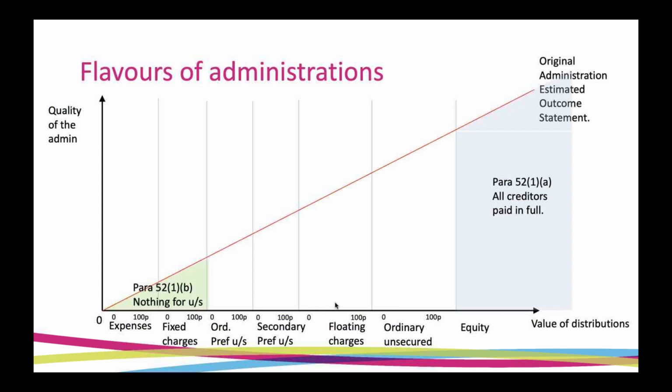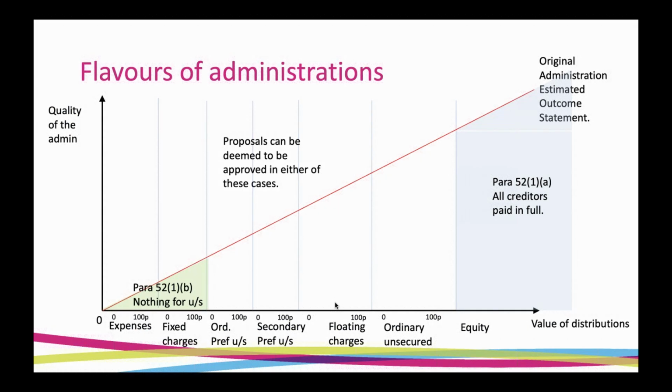Those cases in the right-hand side where all creditors are being paid in full, those are the paragraph 52(1)(a) cases. The left-hand corner, where you're being able to pay expenses and fixed charge creditors only, there's nothing for the unsecured creditors in those cases. Those are the paragraph 52(1)(b) cases.